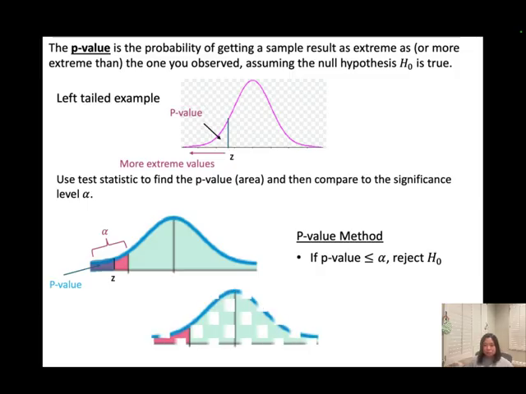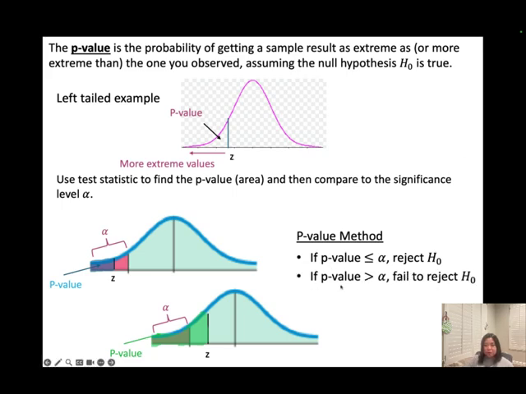But if this is my significance level, and my test statistic is located here, and I use the test statistic to find the p-value, and I compare with the significance level, if the p-value is greater than the significance level, then we say fail to reject the null hypothesis. We do not have sufficient evidence to conclude that the null hypothesis is false.